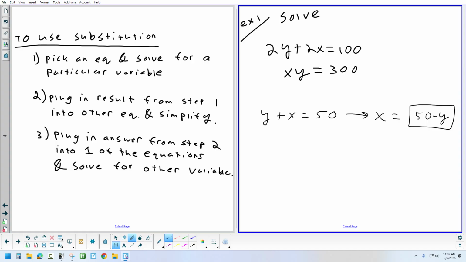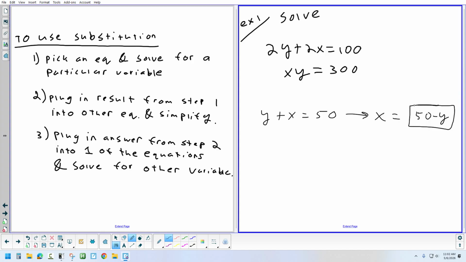So it took us 2 steps to get a letter by itself in that equation. They weren't hard steps. If we had picked the bottom equation, we could have gotten a letter by itself in 1 step. So the bottom one might have been a little bit quicker, but the top one still wasn't too bad. So we picked the top equation and we solved it for x.